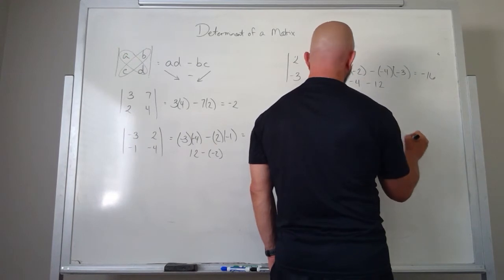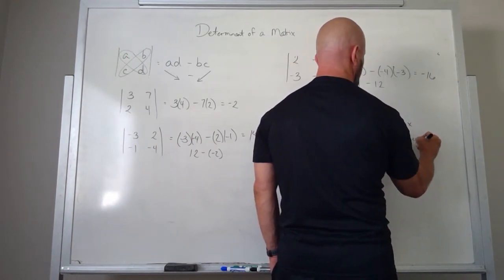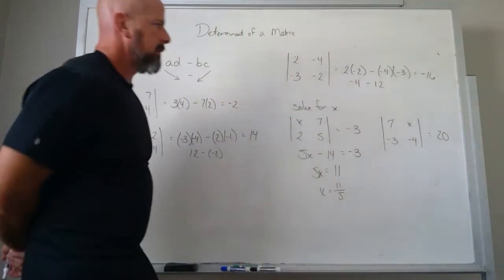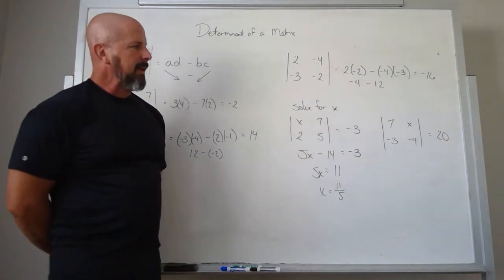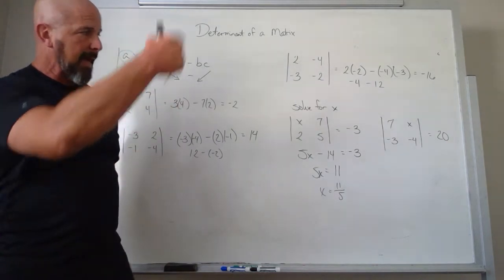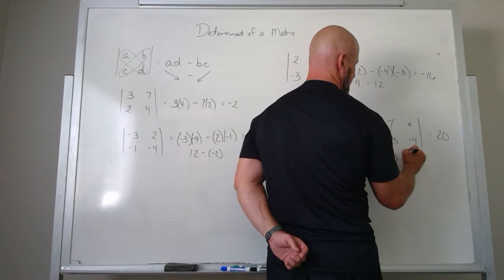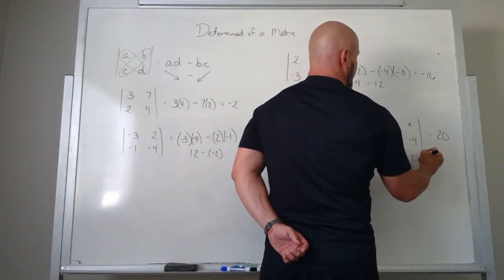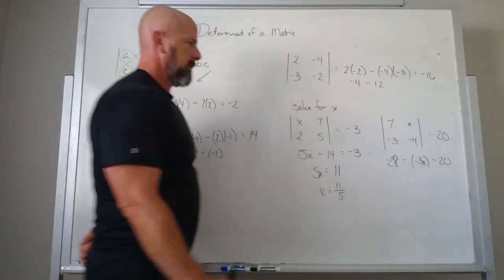We'll go 7, x, -3, -4, and we'll say equals 20. So we're going to start with that 7 times the -4, and then minus coming back down the other way. So 7 times -4 is -28, minus -3x equals 20.